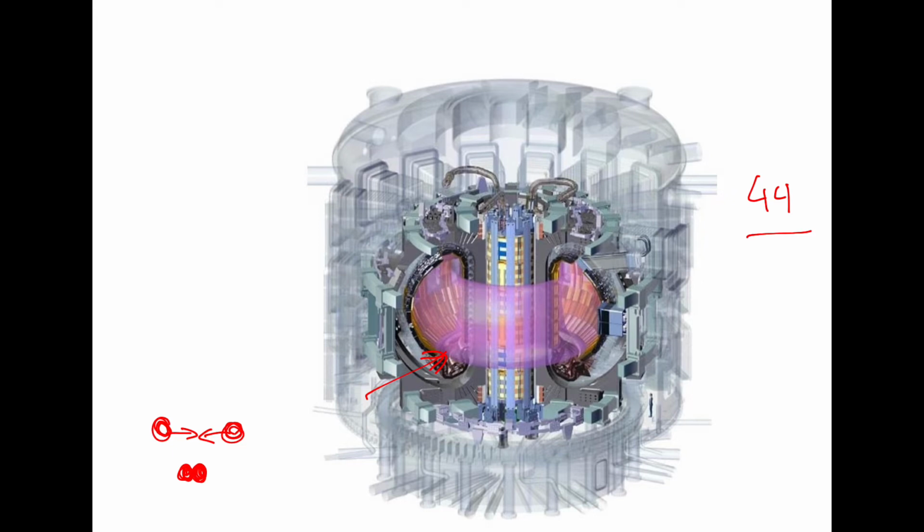But this reaction, as simple as it sounds, can only happen with the heat of the sun. In the center of the sun, you get temperatures of about 50,000 degrees Celsius. At the surface, it's about 6,000 degrees Celsius. So it's very hot. And you need some very fancy magnets around the outside to make sure that the hot fusion plasma inside doesn't actually touch anything. It needs to be kind of suspended in midair by magnets.